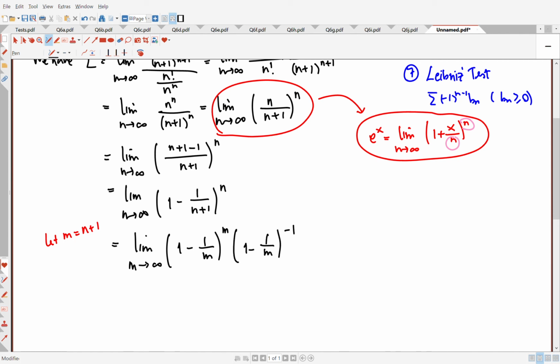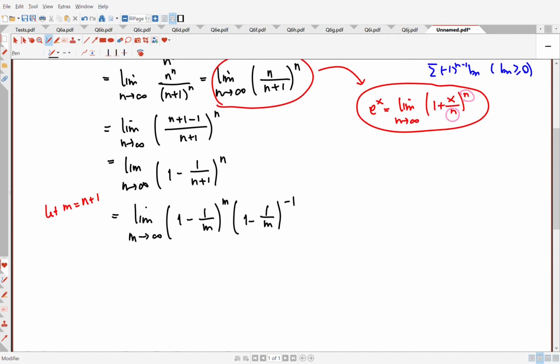Very good. We know that this limit is simply e to the power of minus 1, and this limit is just 1. So the limit of a multiplication is the multiplication of the limits if the limits exist, right?